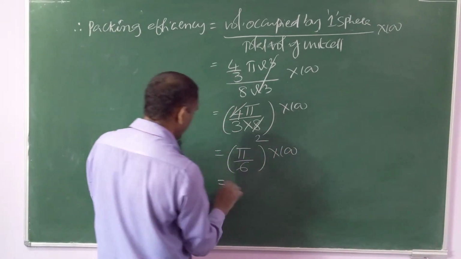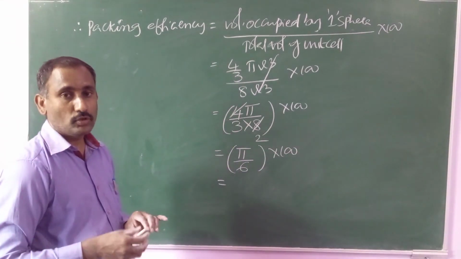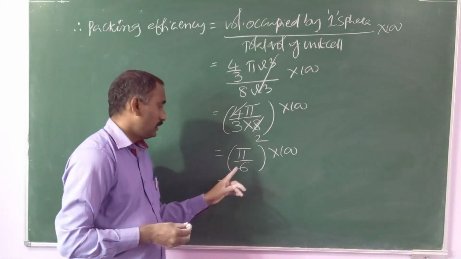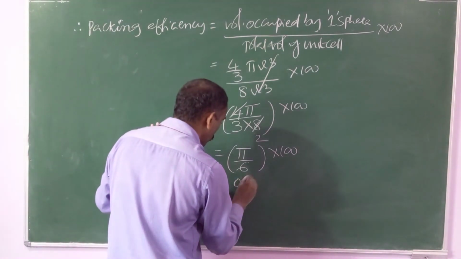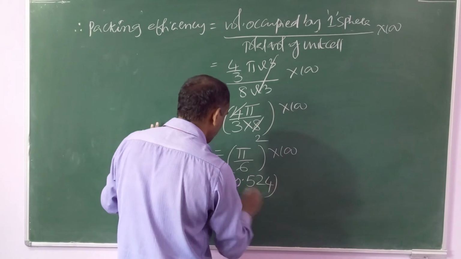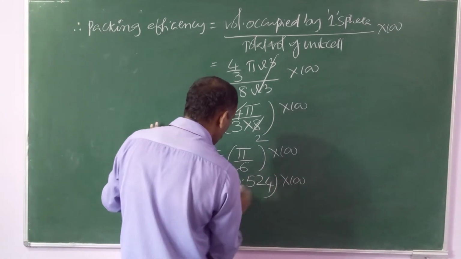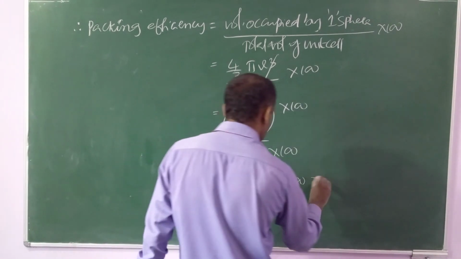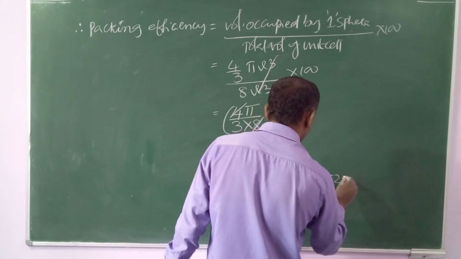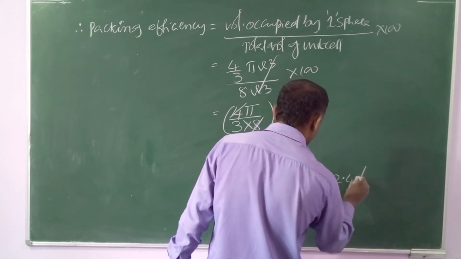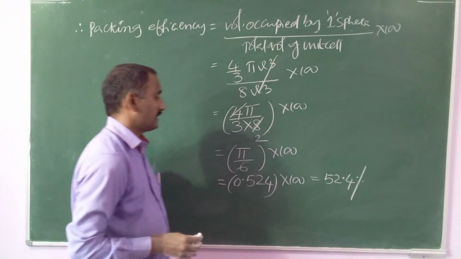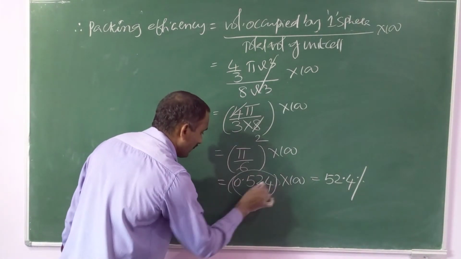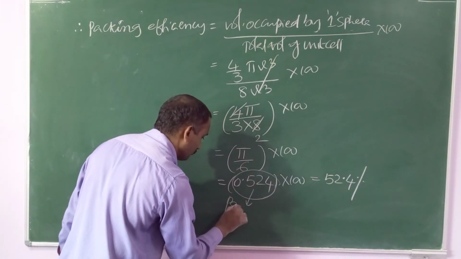If you calculate the pi by 6 value, pi meaning 22 by 7 or 3.14, divided by 6, you will get 0.524 into 100, which means 52.4 percentage.